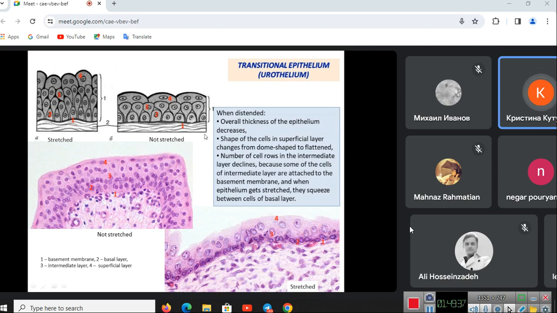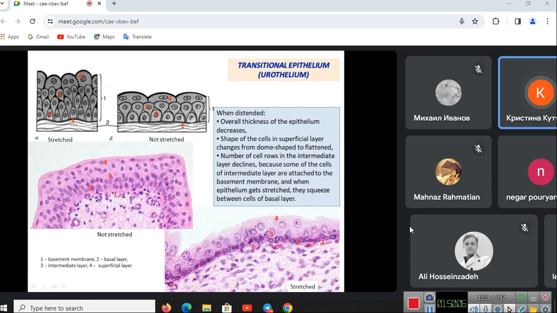Also, the shape of the cells of the superficial layer changes. Here, in a stretched condition, they are stretched. And also, the number of rows of the cells in intermediate layer number 3 changes. When the epithelium gets stretched, some of the cells get inserted between the cells of the basal layer because they are actually connected with basement membrane.